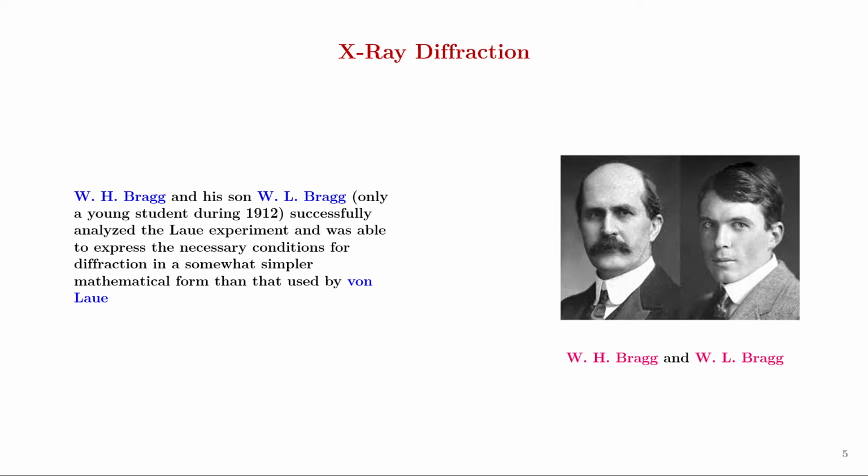W. H. Bragg and his son W. L. Bragg, only a young student during 1912, successfully analyzed the Laue experiment and were able to express the necessary conditions for diffraction in a somewhat simpler mathematical form than that used by von Laue.